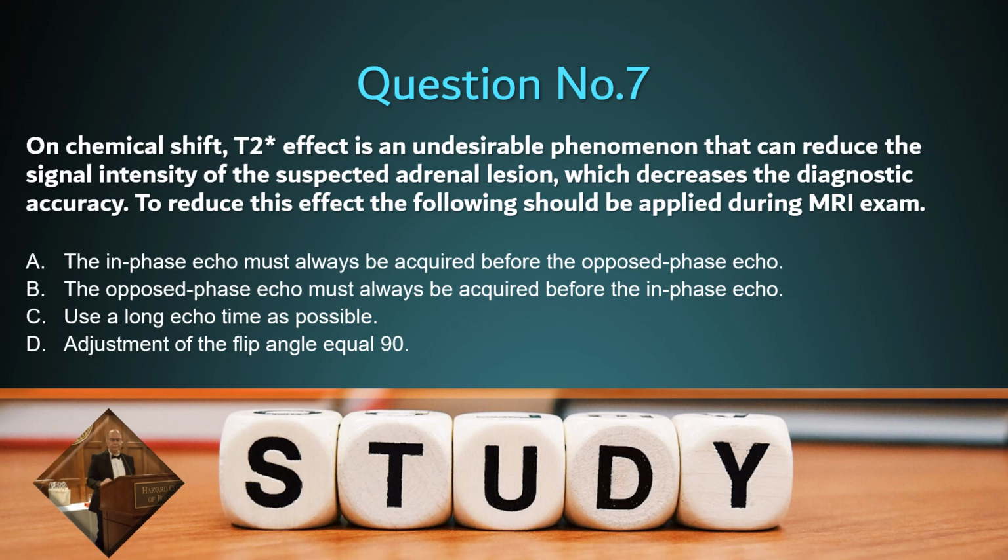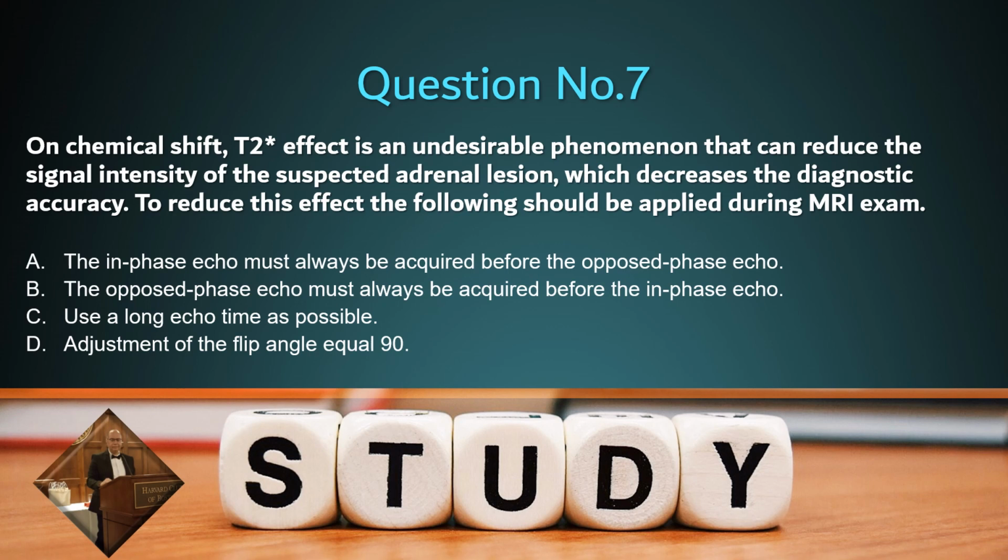Question number 7. On chemical shift, T2 star effect is an undesirable phenomenon that can reduce the signal intensity of the suspected adrenal lesion, which decreases the diagnostic accuracy. To reduce this effect, the following should be applied during the MRI exam.